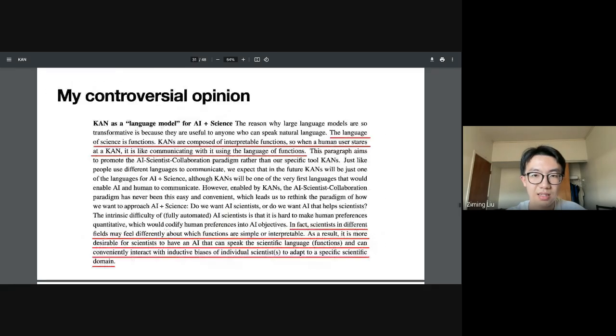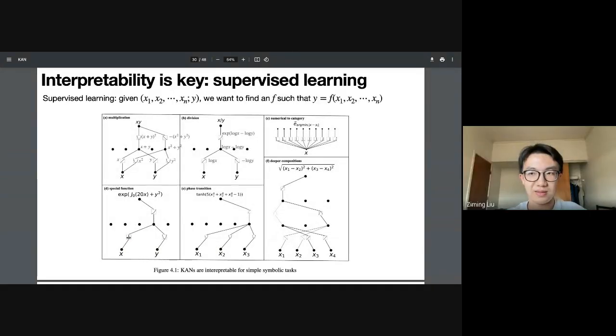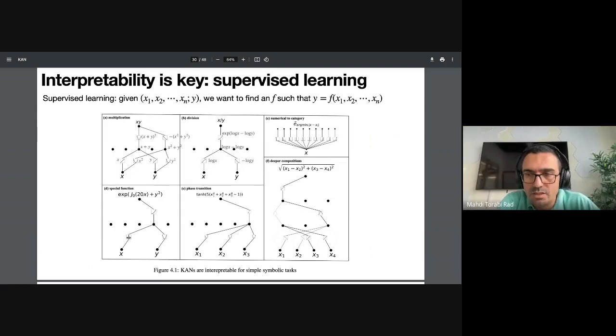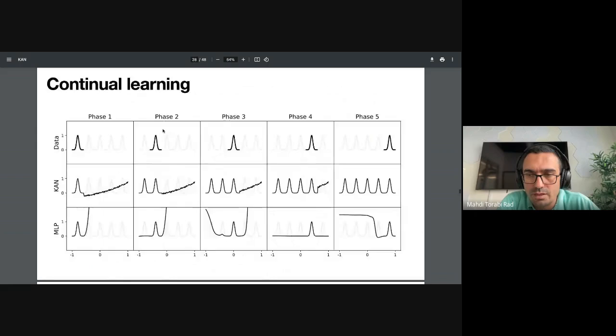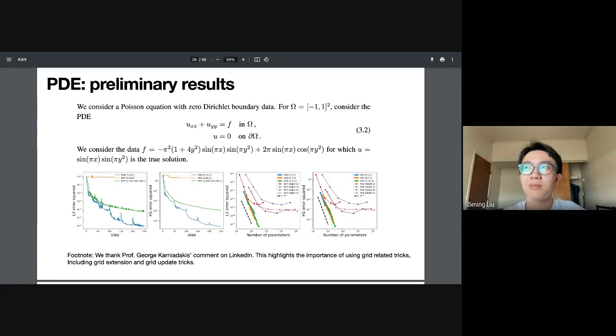Right. Let's see. Sorry, there was a question. I think it refers to one of your earlier slides. The question reads, for this PDE, the domain is -1 to 1. For larger domains, for example -10 to 10, do you expect KANs to work just as well? It depends on whether your problem is multi-scale.